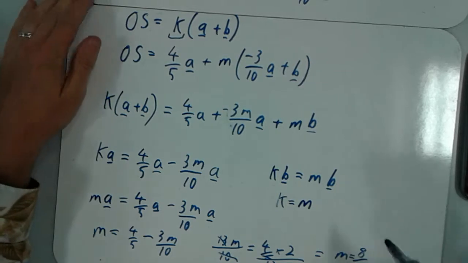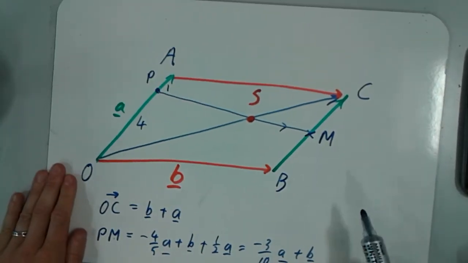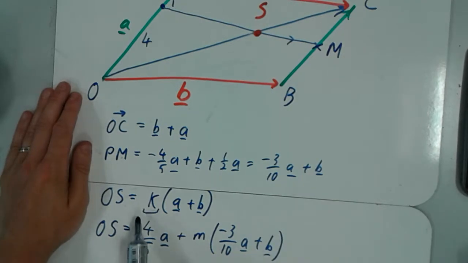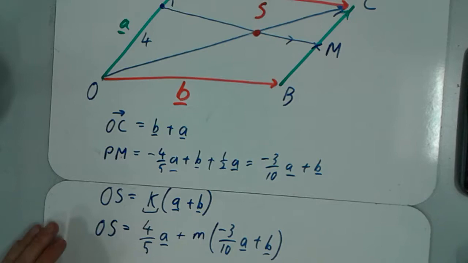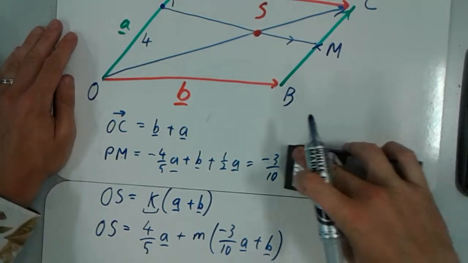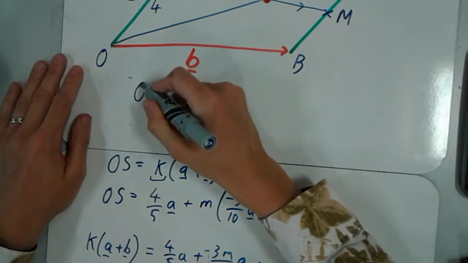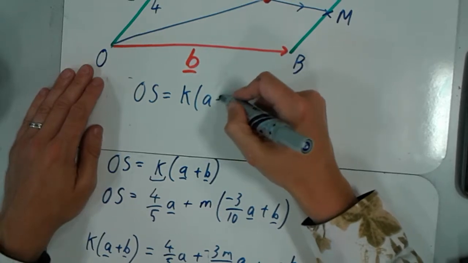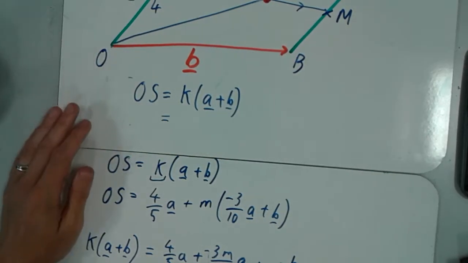So what that's told me is that S, going back to here, is 8/13 of the way along OC, because remember, I said that it was some proportion of the way along. So the final answer to my question is that O to S was k lots of A plus B, and I know that k was 8/13.